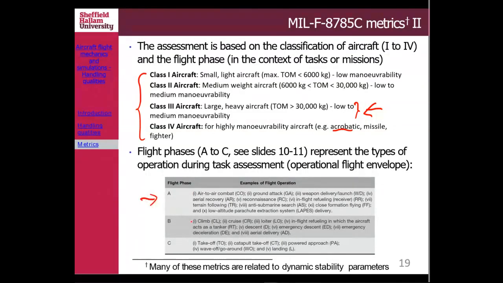Flight phase A involves very detailed, precise tasks that the pilot and the aircraft need to conduct. In 8785C, being a military standard, that relates to, for example, air-to-air combat, ground attack, anti-submarine search, and so on, which, if we talk about commercial passenger aircraft, is not something you want your aircraft to do, right?